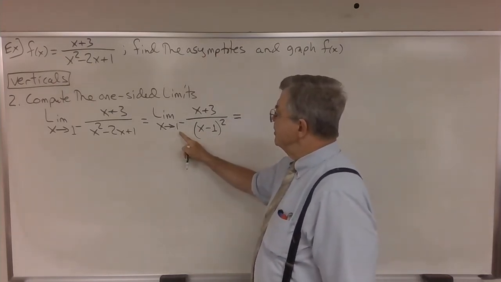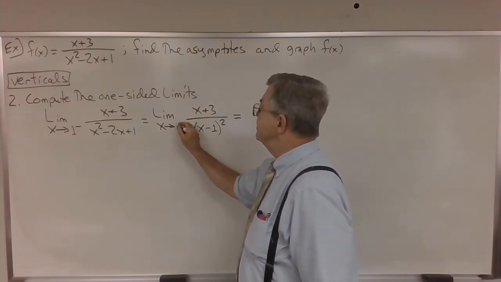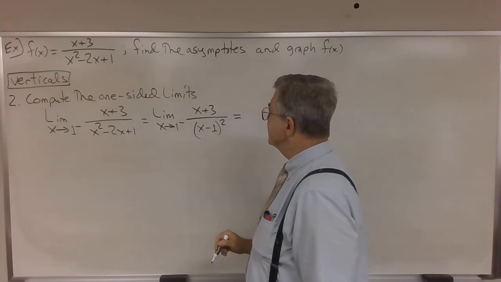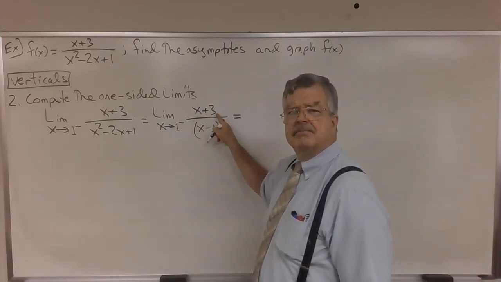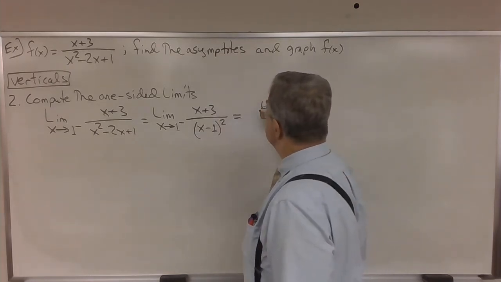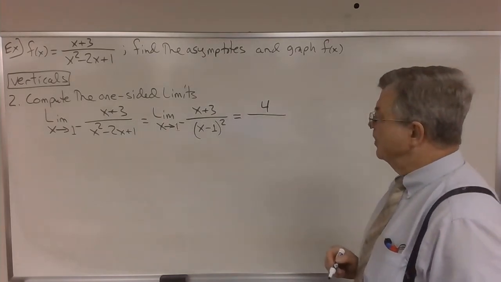As x approaches 1, as x gets arbitrarily close to 1, x plus 3 is going to look like what? 4. So for all practical purposes, the numerator is 4.